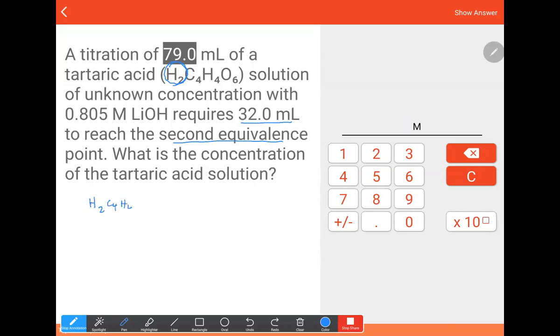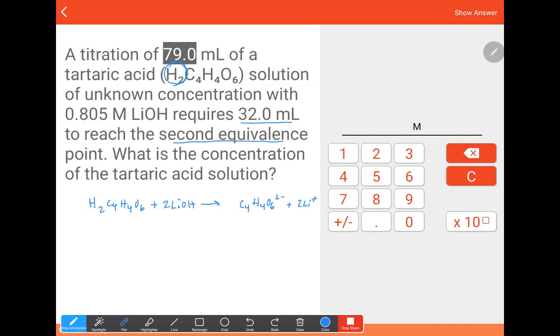C4H4O6. We're trying to get rid of both H's, which will get us C4H4O6 2 minus. And to balance that 2 minus, we need 2 lithiums.